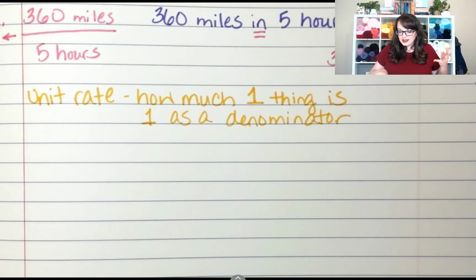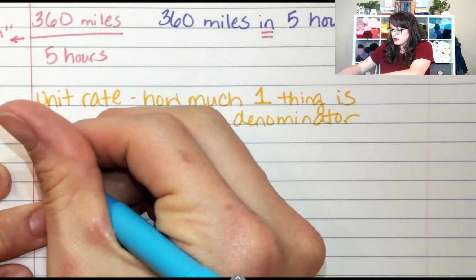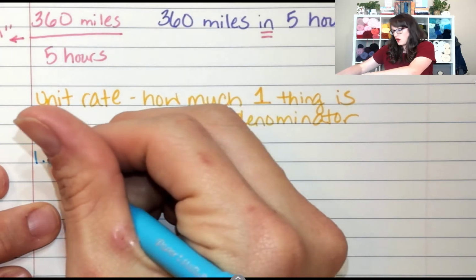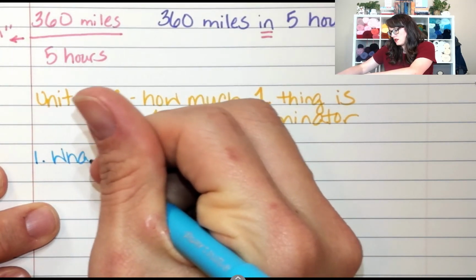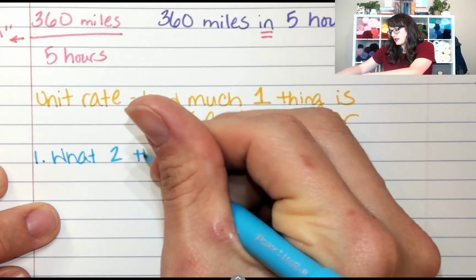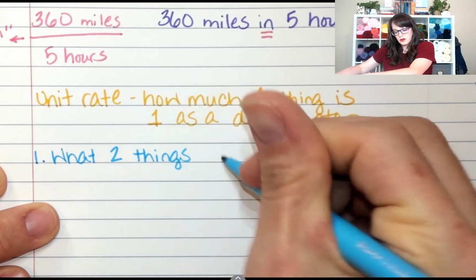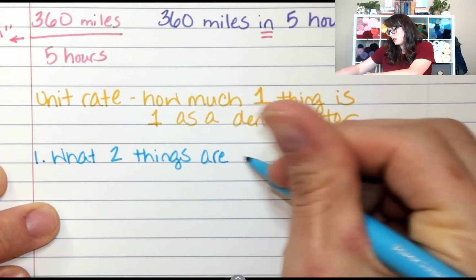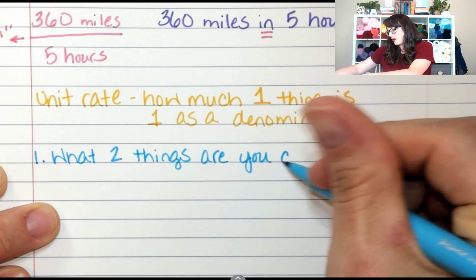So to set these up, to work these out, the first thing you have to do is figure out what two things you're comparing. So step one, what two things are you comparing?